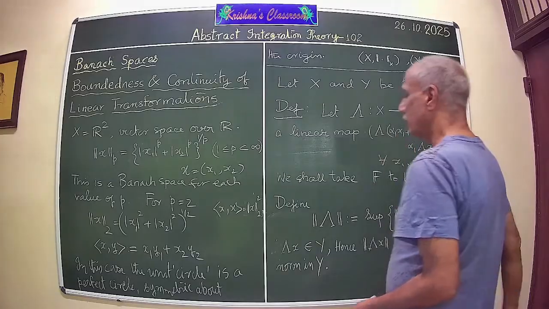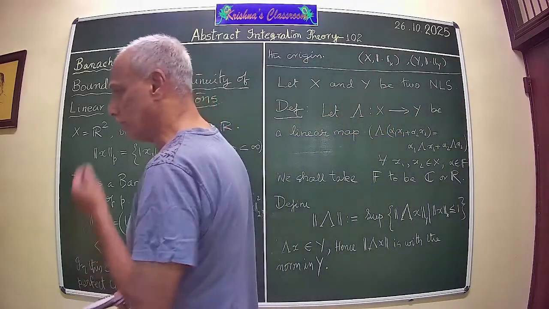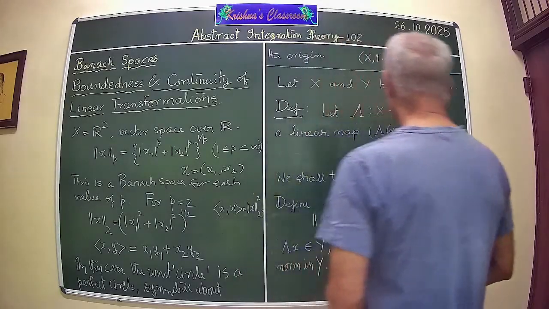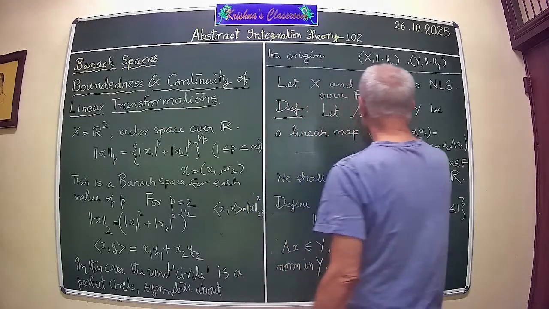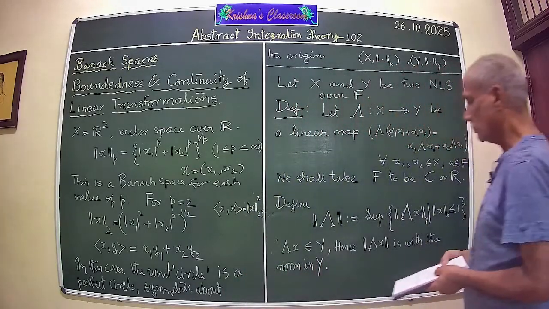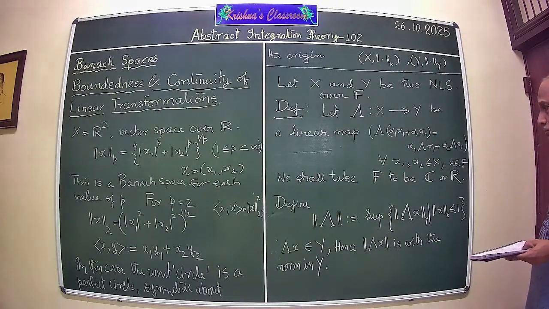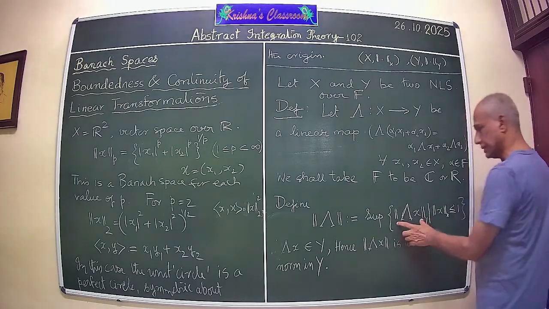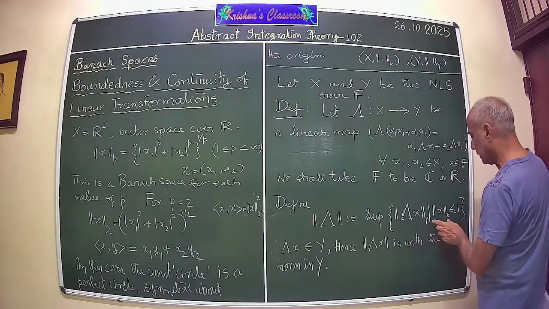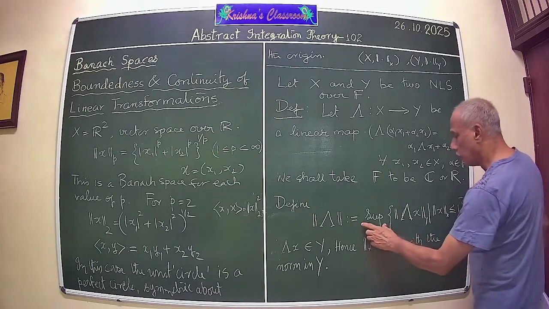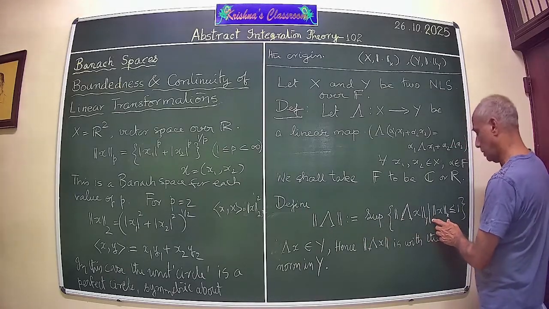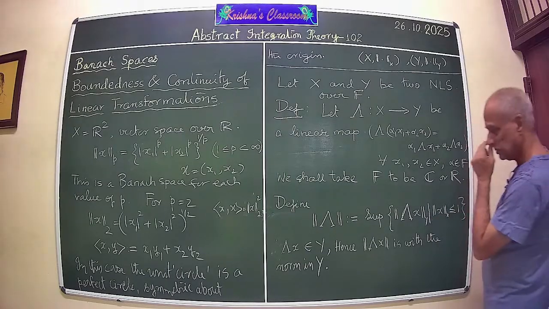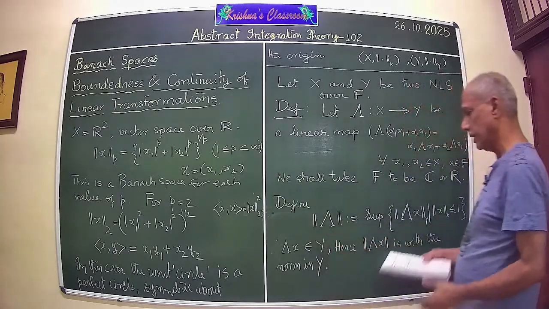Both are assumed to be vector spaces over C or R. So what you do is take lambda x and take its norm in Y, and compute its supremum over the unit ball in X space. That is taken as the norm.